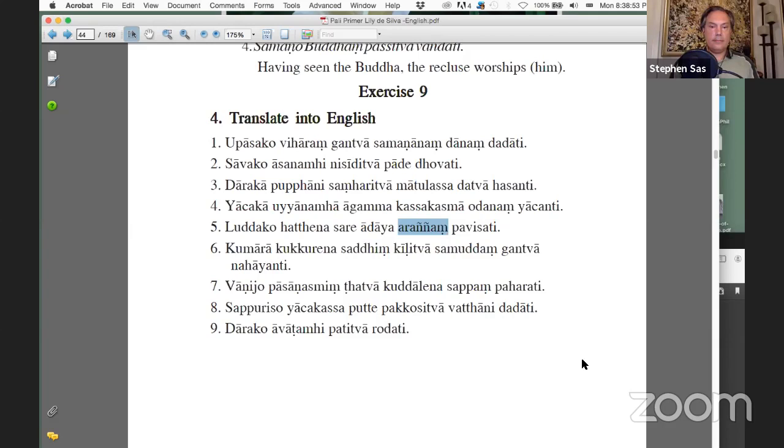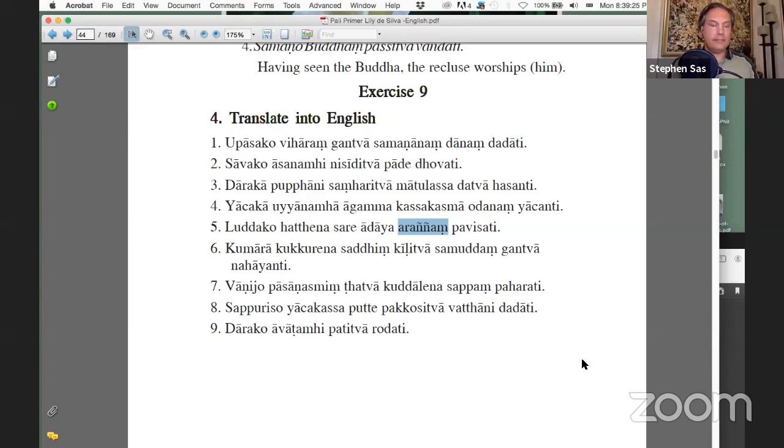Pasanasmim locative singular. Thatva absolutive. What is the verb thatva comes from, please? Can you tell me the Pali verb that it is based upon? It's titthati. Yes.